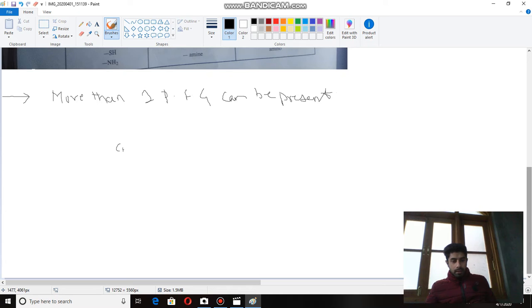For example, like this: I have an aldehyde group, and I have a carboxylic acid group. So I should make it like this. Not here, this is bonded with OH.